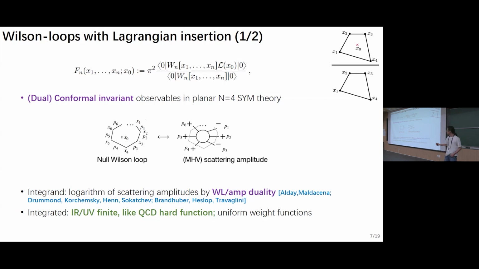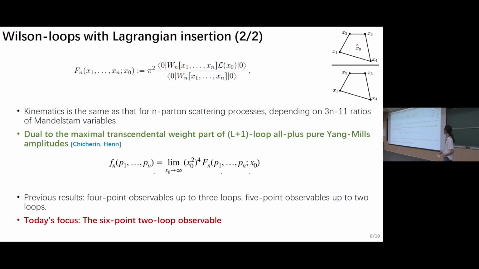Okay? And so it's very like the QCD hard functions we define after subtracting the divergence. But of course, it also has its own simplicity. Because it's very similar to all the other scattering amplitudes in N=4 super Yang-Mills theory, there are some uniform weight functions. You know that the QCD amplitude is not the case.